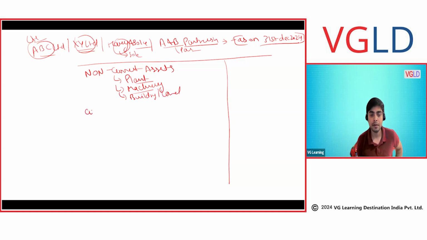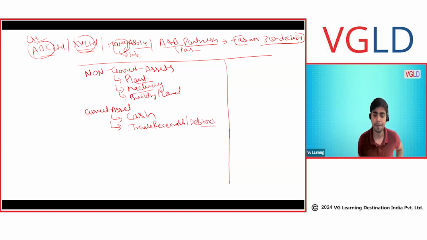Then we have current assets. What are current assets? Cash, trade receivable. If you are not familiar with trade receivable, the substitute word is debtors. However, we don't use debtors much. Trade receivable or debtors, inventory, or let's say other assets, like prepaid expense.